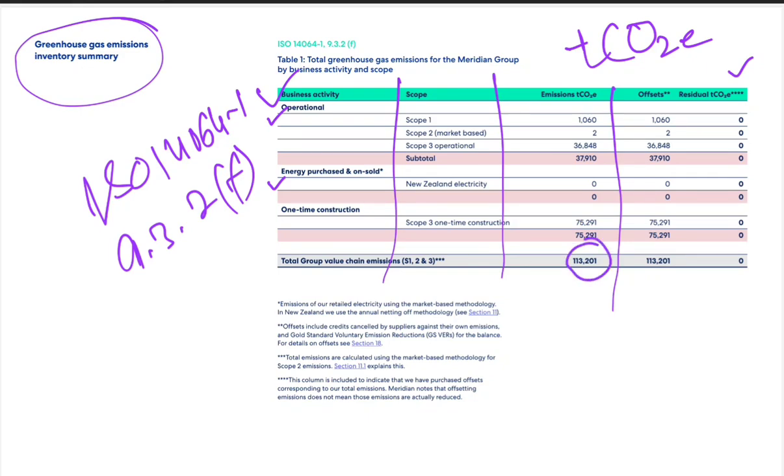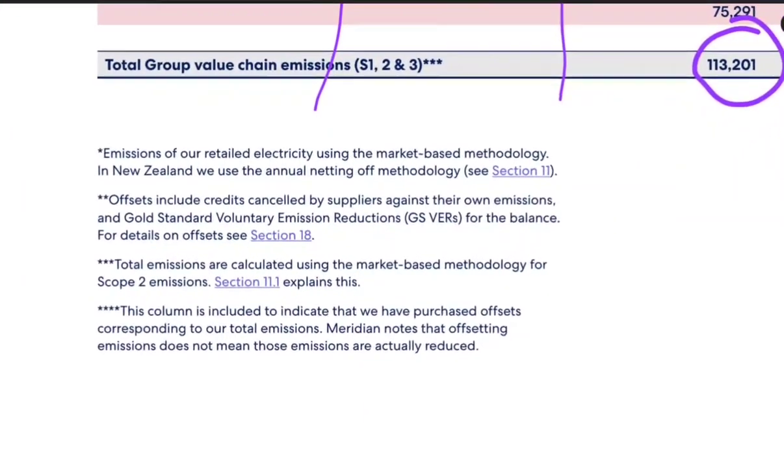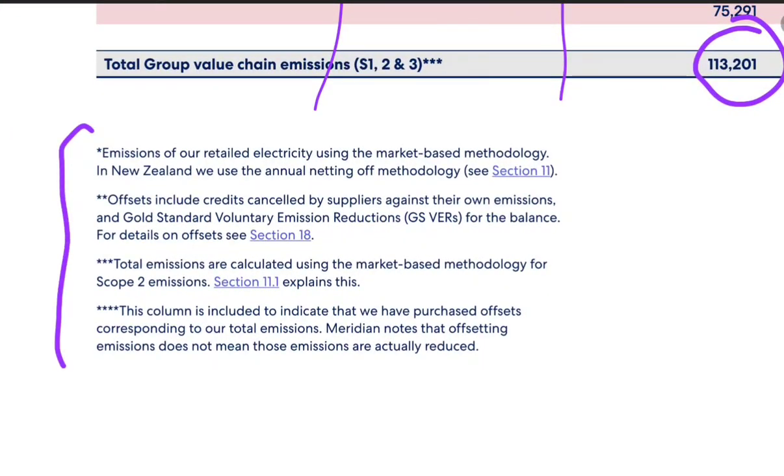So we can see this information, but this part is very important where you see the asterisks. The first one is emission of our retail electricity using the market based methodology. So they are working on the market based methodology of reporting. In New Zealand we use the annual netting methodology actually.